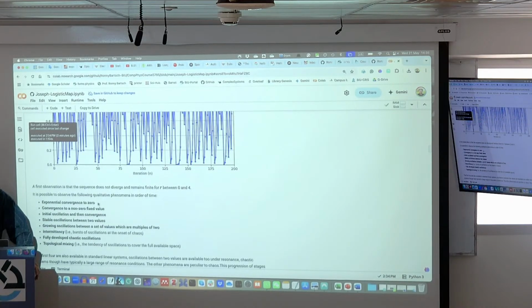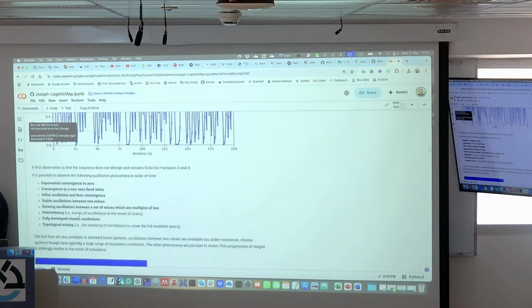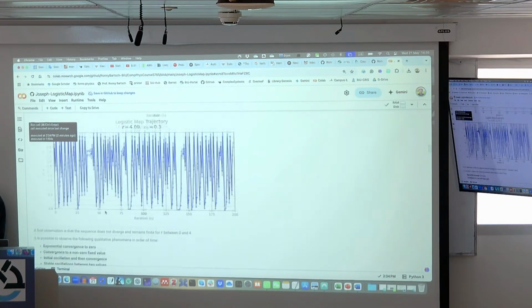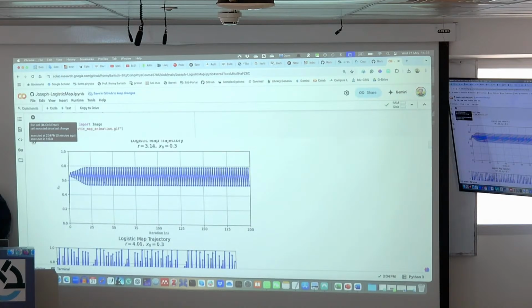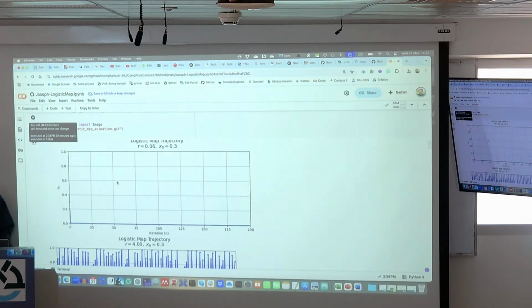So let's see the characteristics of this logistic map. The exponential converges to 0, or it converges to a non-zero fixed value, then initial oscillation, then converges. A stable oscillation between two values. Growing oscillations between a set of values which are multiples of 2. That is to say, first the population will be 2, then your stable points will be 4, then 8.